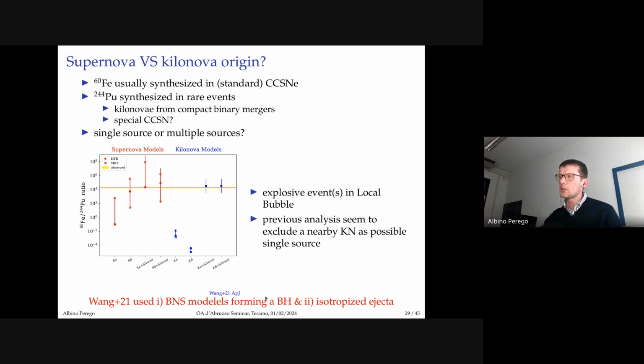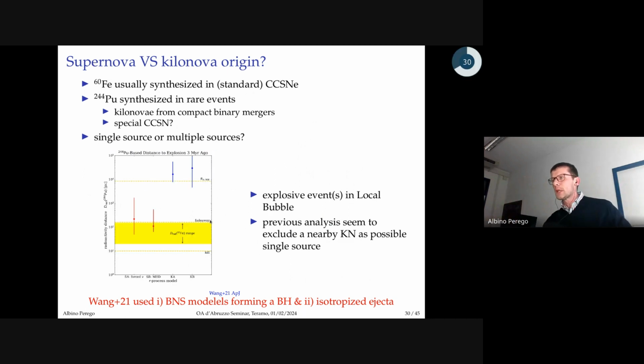In particular, they always considered a merger that was forming a binary black hole, so there was no long-lived remnant. And moreover, they were taking the ejecta and forgetting that this ejecta is emitted at different angles with different properties. They were just isotropizing everything, as if the mixing were perfect.